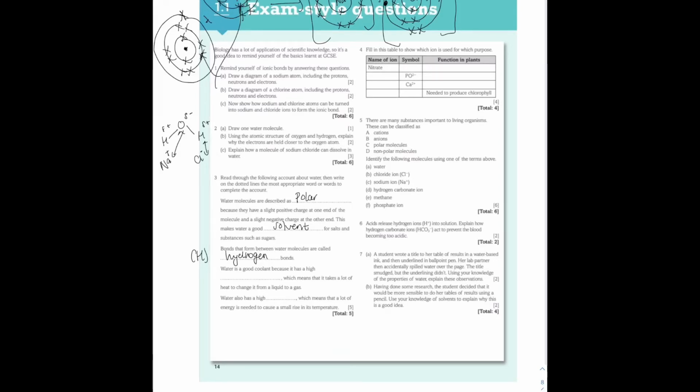Water is a good coolant because it has a high specific heat capacity, which means that it takes a lot of heat to change it from a liquid to a gas. Water also has a high heat capacity, which means that a lot of energy is needed to cause a small rise in its temperature.